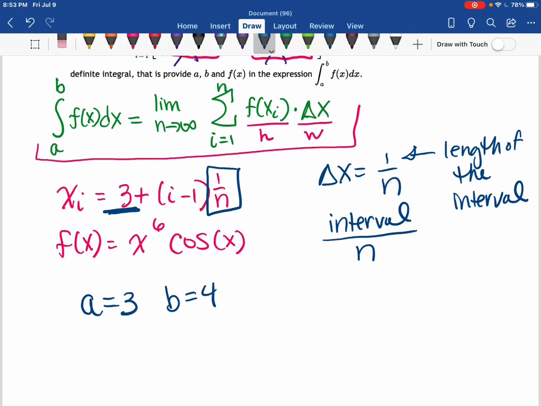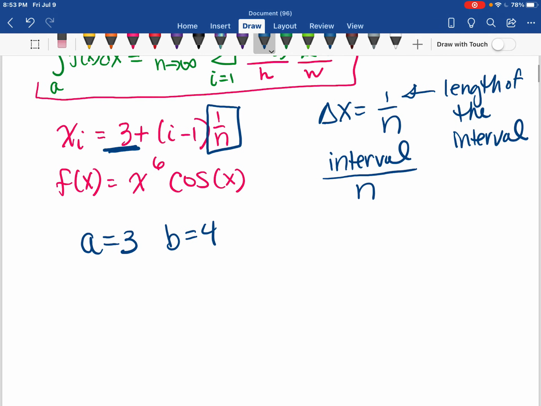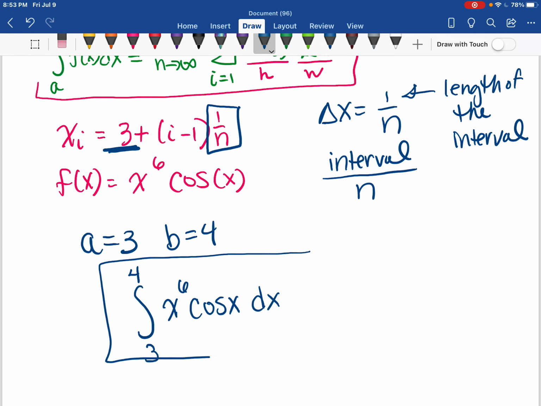So if I look at my starting value for my xi's, it's 3. And if the length of my interval is 1, then my b must be 4. So to write my final answer, I'm going to write my integral on the interval from 3 to 4.